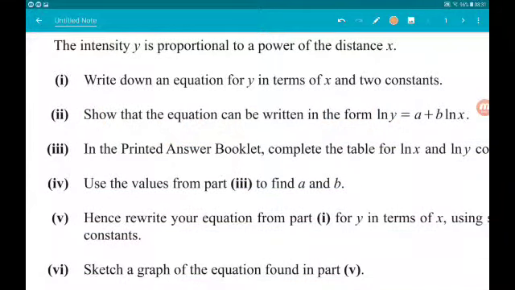Okay, part 2 wants us to show that the equation can be written as log y is a add b log x. Okay.